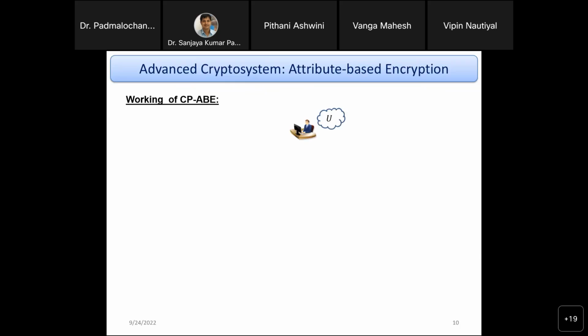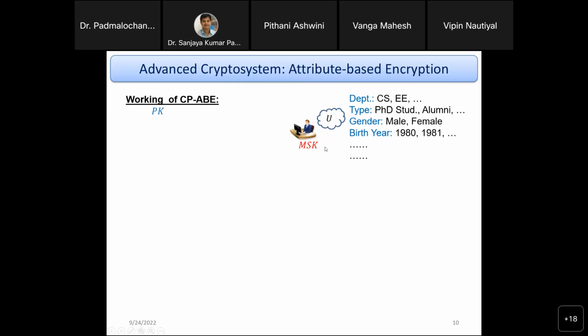You see here you have the authority, where you can have various types of attributes: department CS, electrical engineering, type PhD student, alumni, male, female, student, based on birth years. Users can have various attributes.